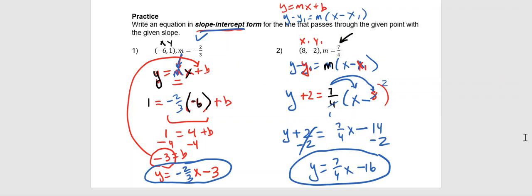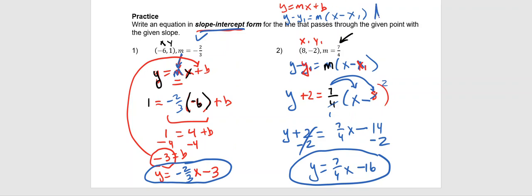So what this video is intended to demonstrate for you is when we're given a point and the slope, we have two ways in which to write an equation in slope-intercept form. We can use the slope-intercept formula, substitute in for x and y and m, solve for b, and then go back and finish writing out the equation from the original given value of m and our new solved value of b.